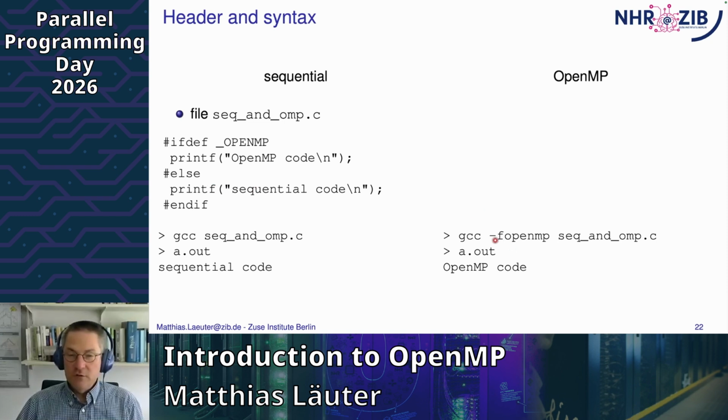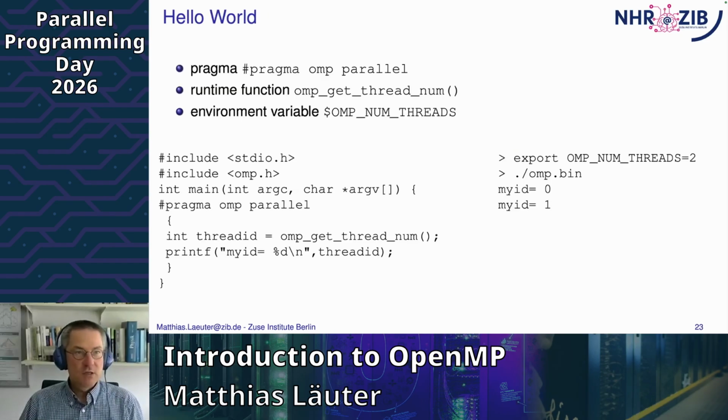And if you use the command line option OpenMP, then it takes the code with OpenMP. So you can include both into one code, sequential and parallel code. The usual pragma statements are #pragma omp. The function calls have names starting with omp underscore something, and the environment variables as well.